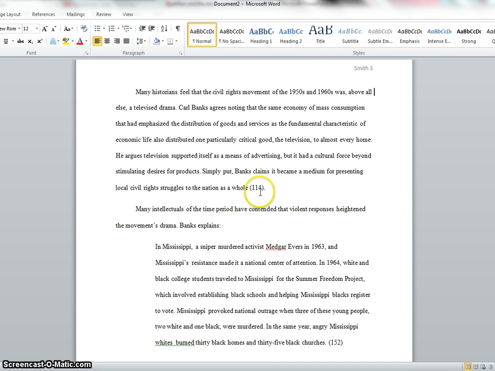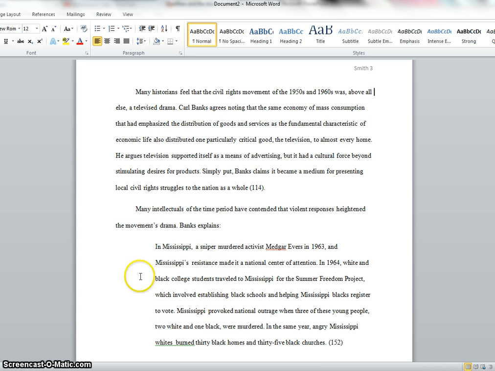Remember, a long quote is anything 4 lines or more. For this one, for instance, I have many intellectuals of the time period have contended that violent responses heighten the movement's drama. Banks explains. So what this does right here is it sort of sets up that long quote, and then I have all of this information that's quoted word for word from Banks.